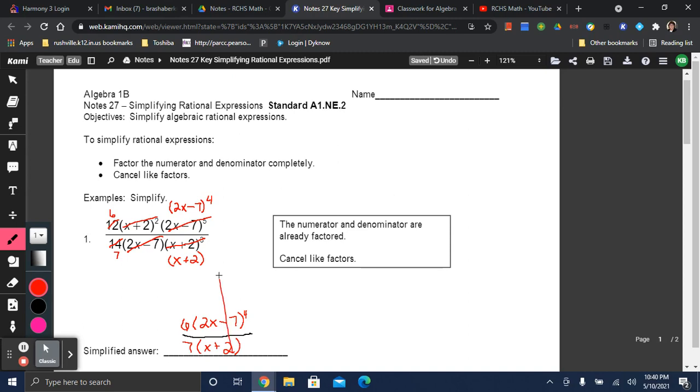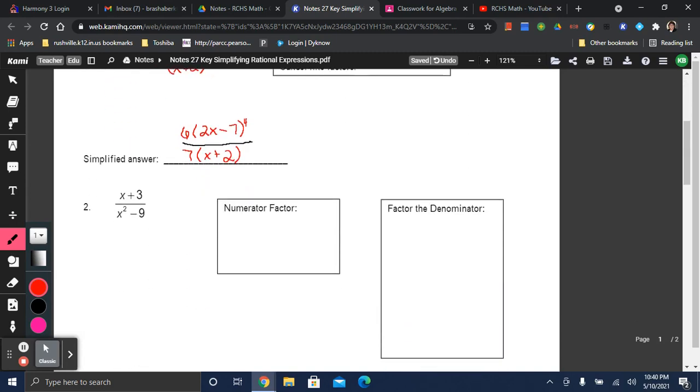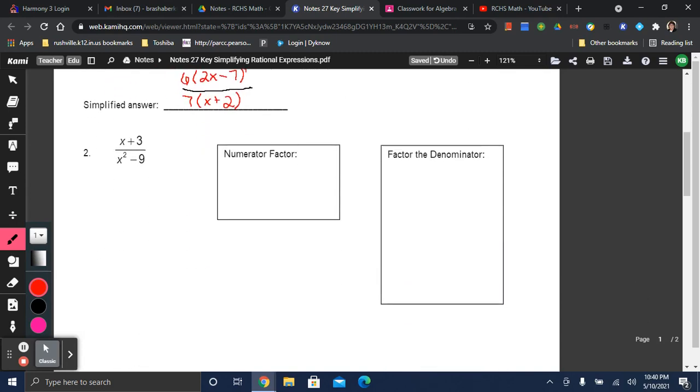Now, the rest of our examples, we will be working on getting them to factored form, getting them to where we can see the parentheses. So the way that we will know whether or not we need to write an expression in parentheses is we're going to be looking for exponents.